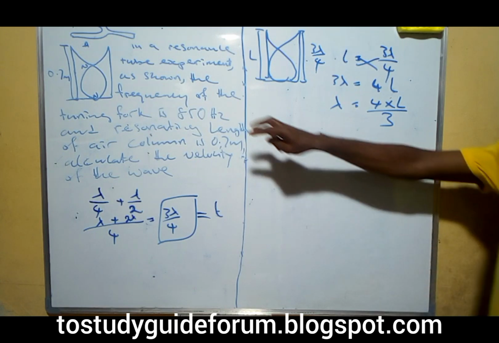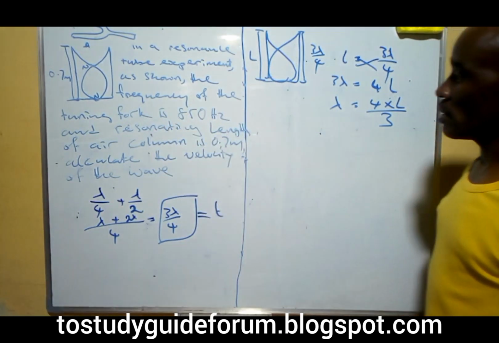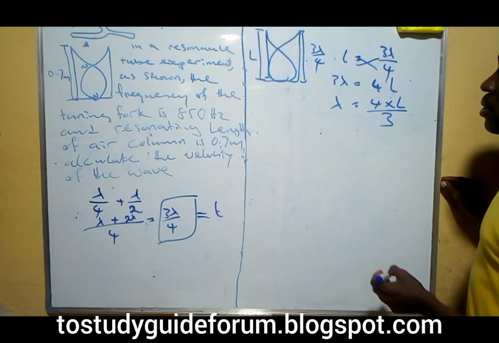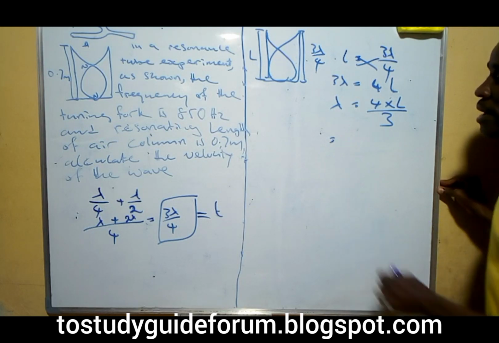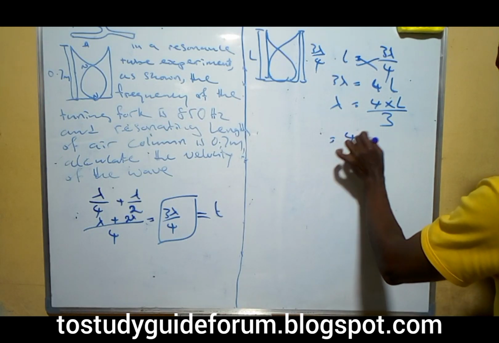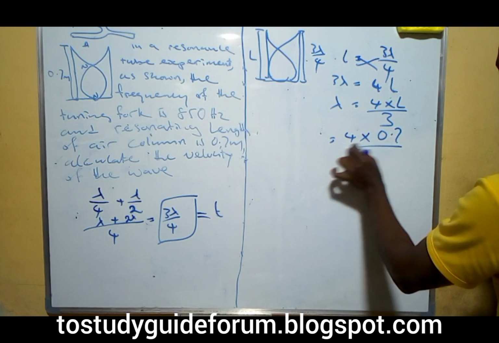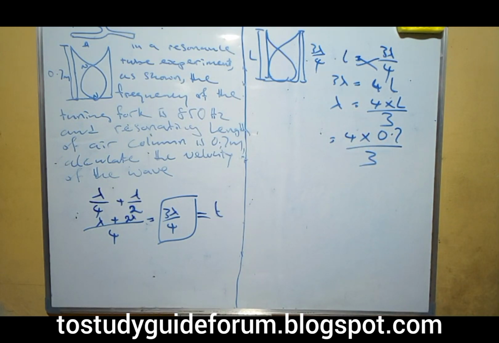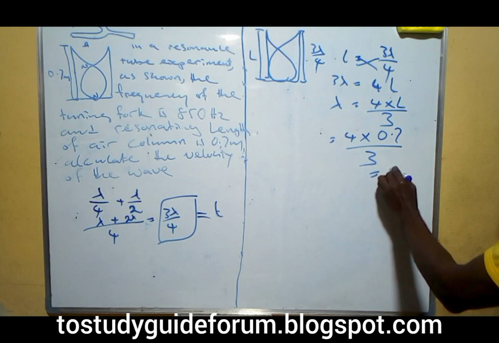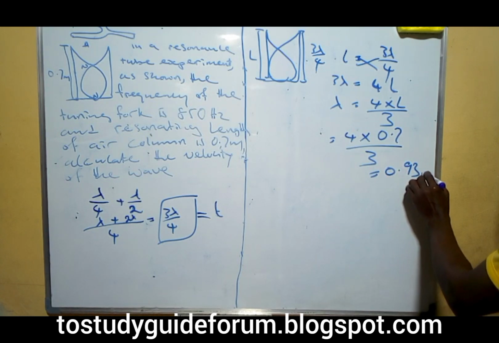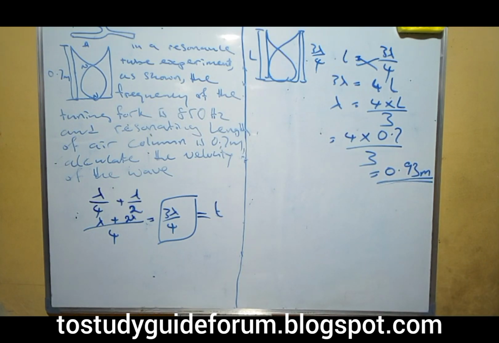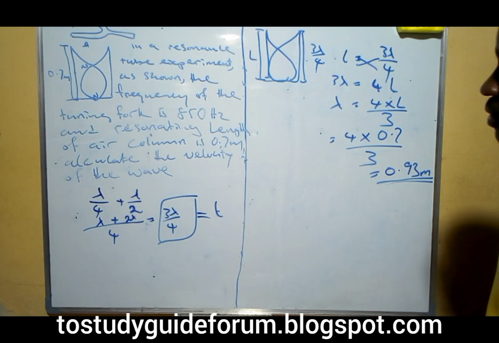The air column is 0.7, then we have 4 times 0.7 over 3. That will give us 0.9 meter.